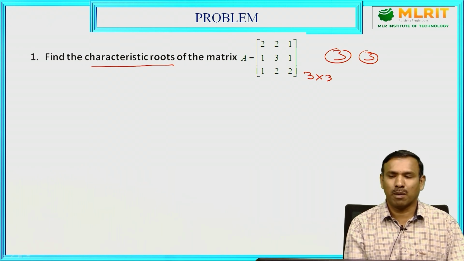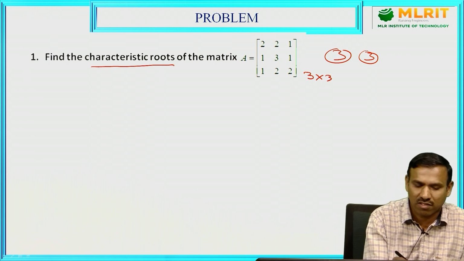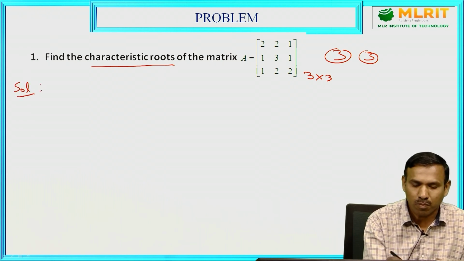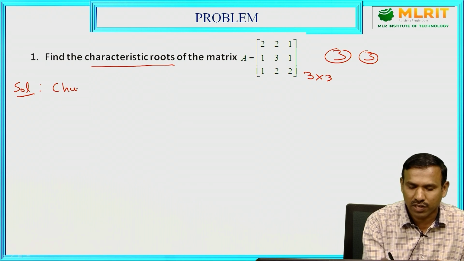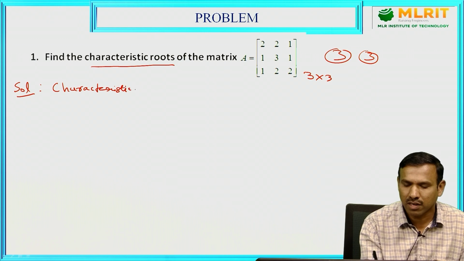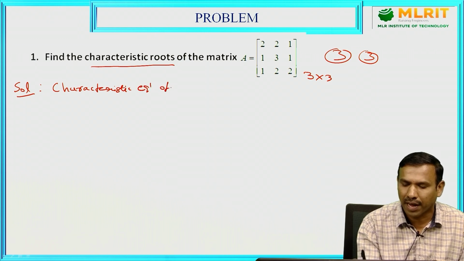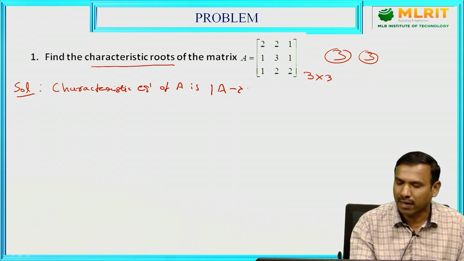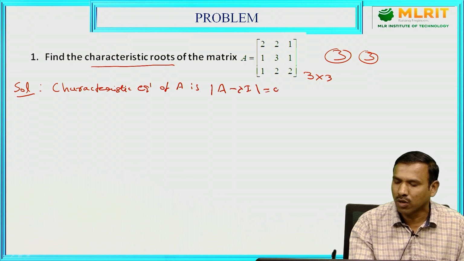Anything is the same. To find the eigenvalues of the matrix we need to take the characteristic equation that we discussed in the last class. The characteristic equation of A is det of A minus lambda I is equal to 0.